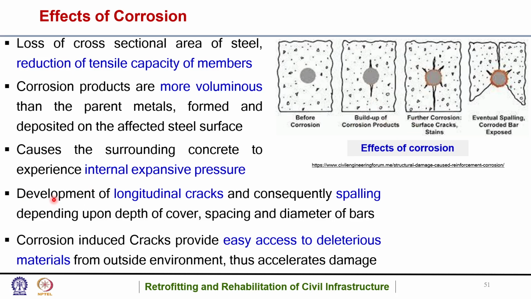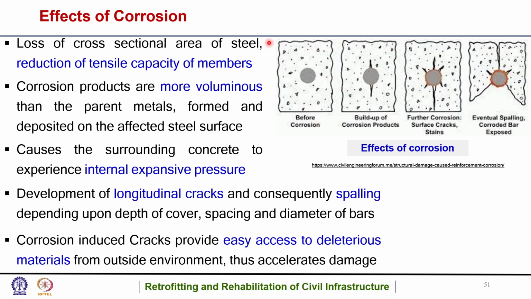And the development of longitudinal cracks in concrete, consequently spalling, depending upon depth of cover, spacing, and diameter of bars. So these are some of the factors, as can be seen in the figure also. And corrosion induced cracks provide easy access to deleterious materials, that is harmful materials, from outside environment, thus accelerating its damage.